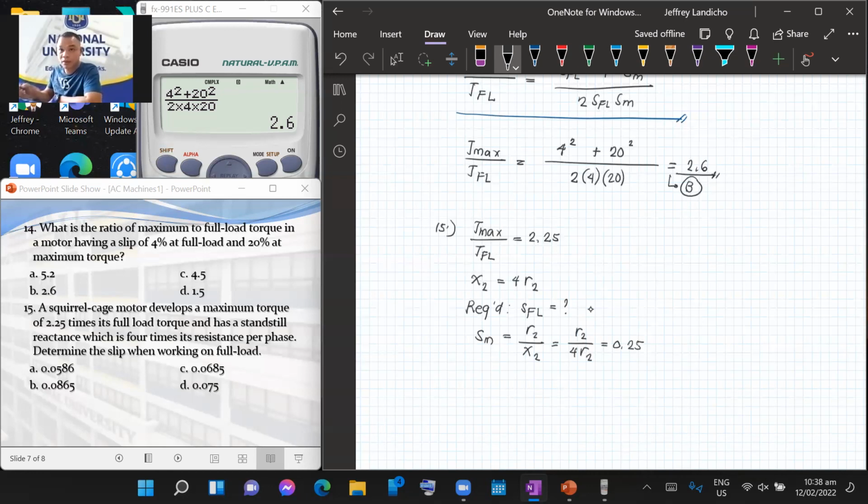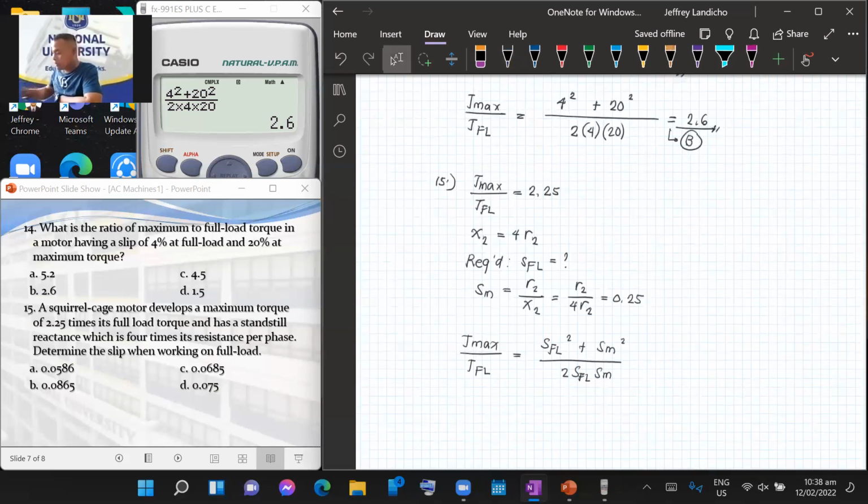Okay? Or 25%. Okay? So, wala nang problema. From our derived formula that Tmax over T full load equal kanino? S at full load squared plus S at maximum squared divided by 2 S at full load S at max. So, pwede na natin simplify.